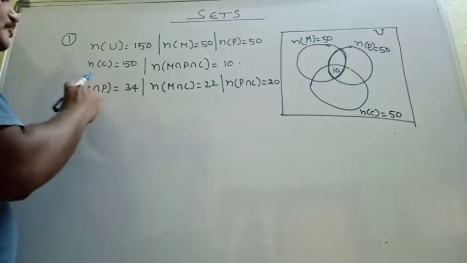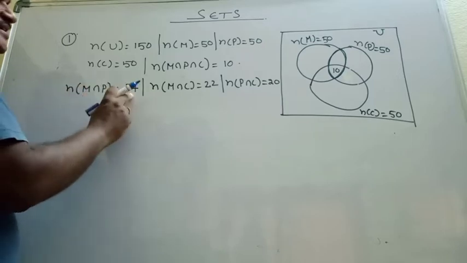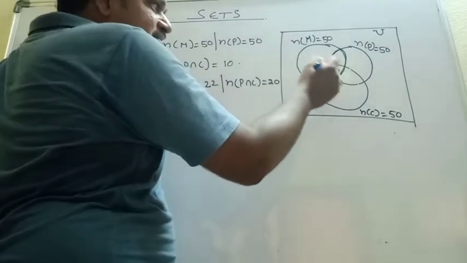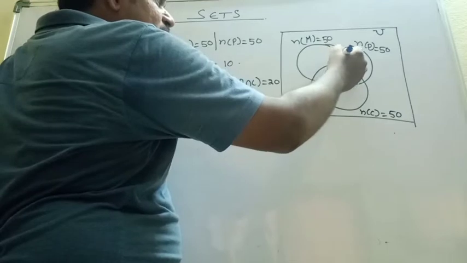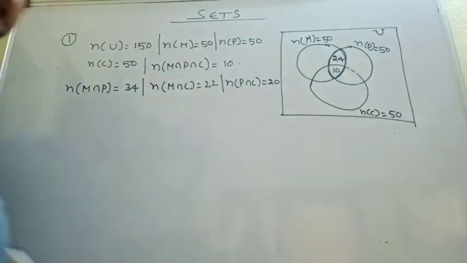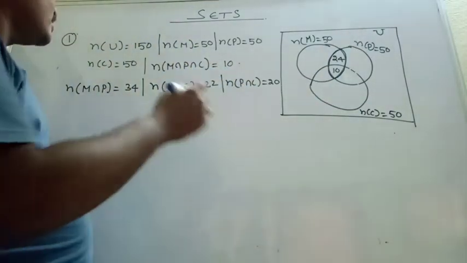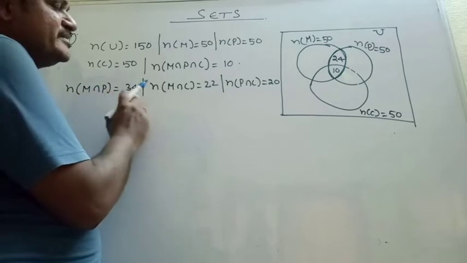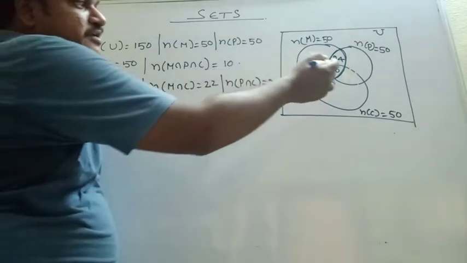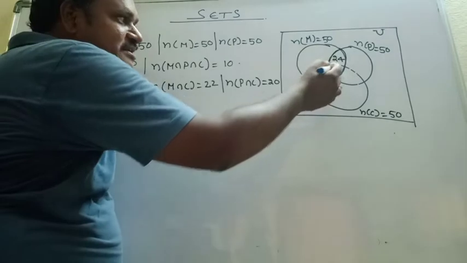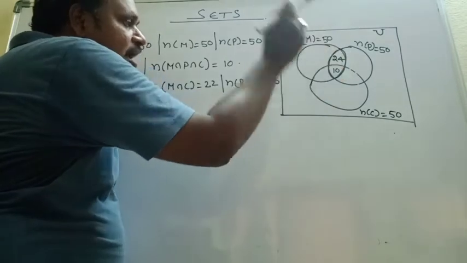Those who studied both maths and physics are 34, and already 10 students are there, so this number will become 24. See how we got 24, because n(M ∩ P) is 34. Totally, those who study both subjects are 34, and already 10 students study all three subjects.